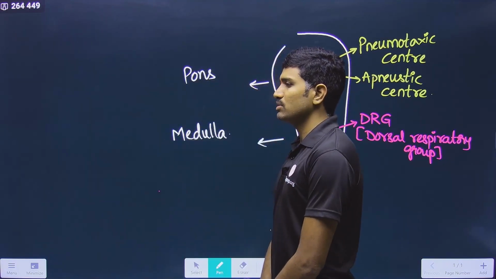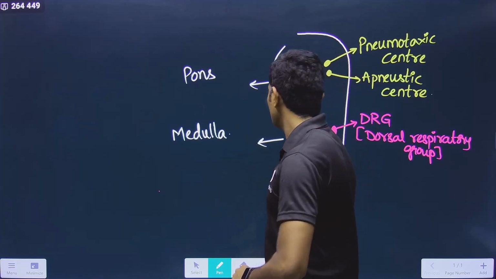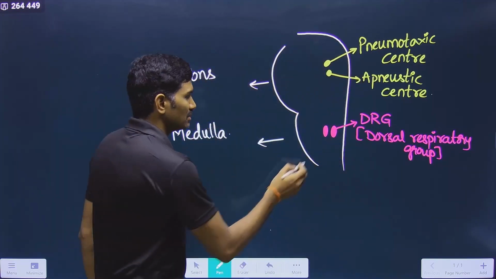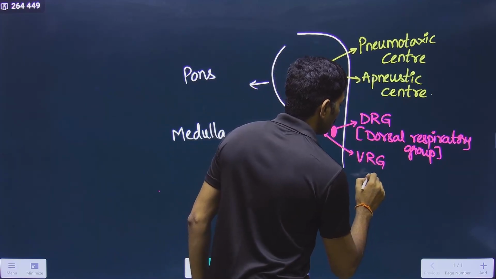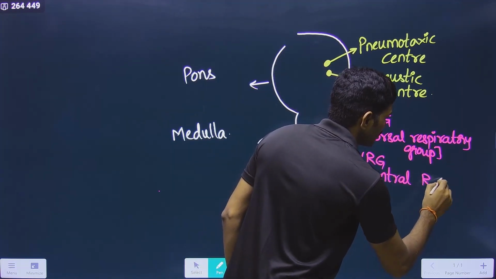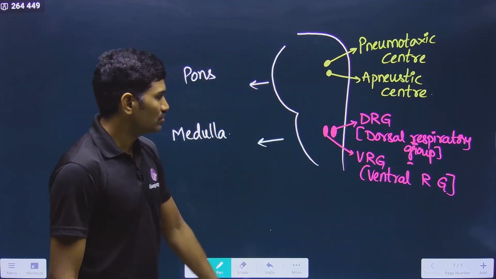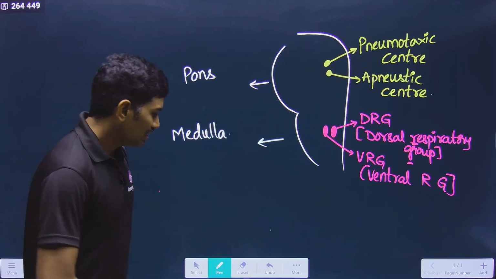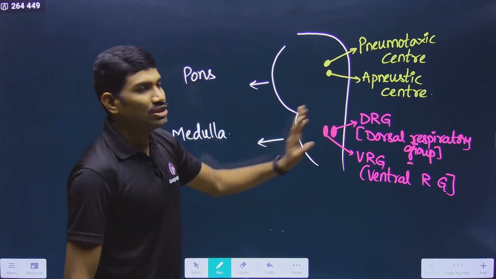For the brain, this is the dorsal side and this is the ventral side, yes or no? So these are present. Now in the NCERT content, they have not given these two names.